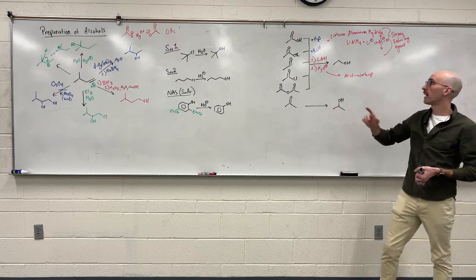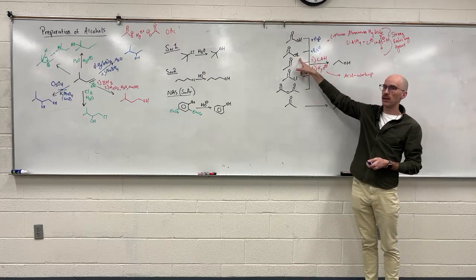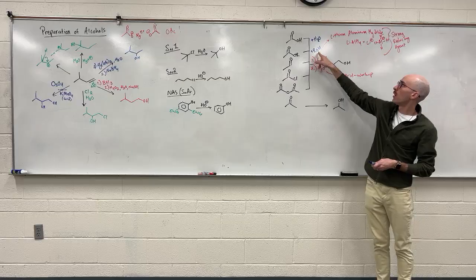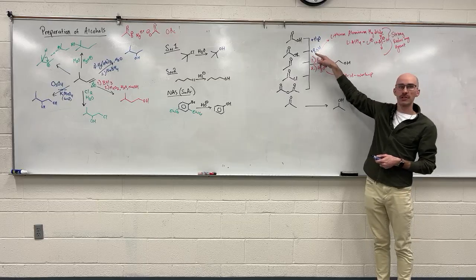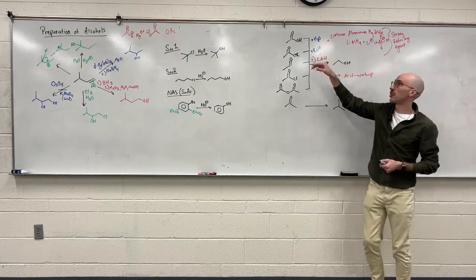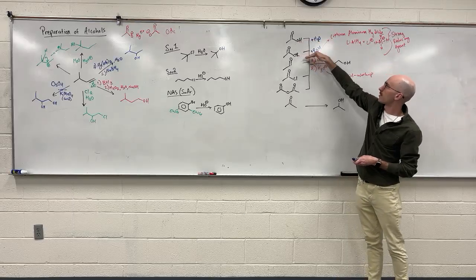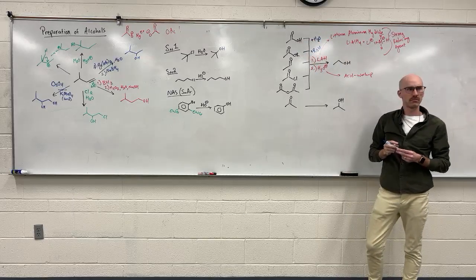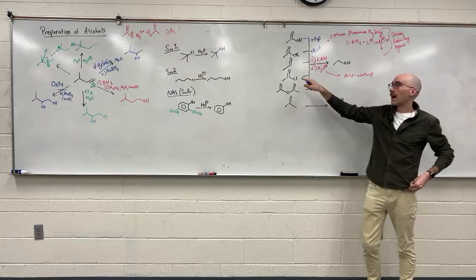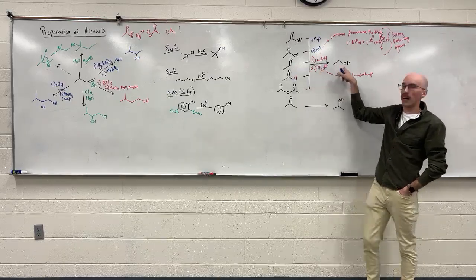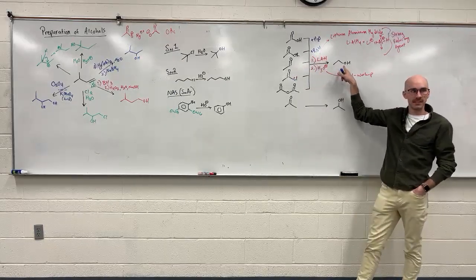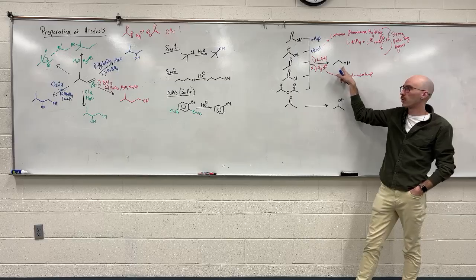And I want to point out that it's the OR that goes on to become the ROH of this second alcohol. Just how carboxylic acid makes H2O, the ester makes ROH. The aldehyde has no other byproduct. This is exactly what forms, the only thing that forms.